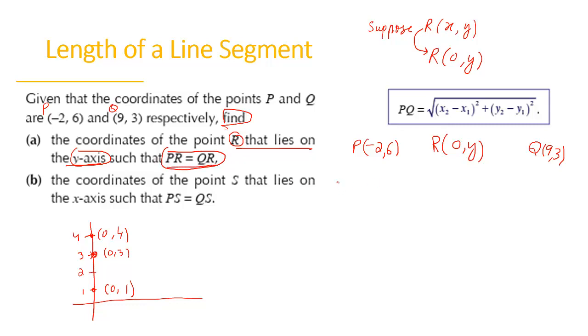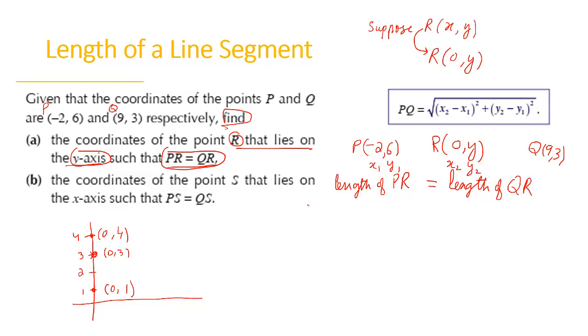PR means the length of line segment PR is equal to the length of line segment QR. So how to find the length of PR? Let me call this x1, y1, and this x2 and y2.